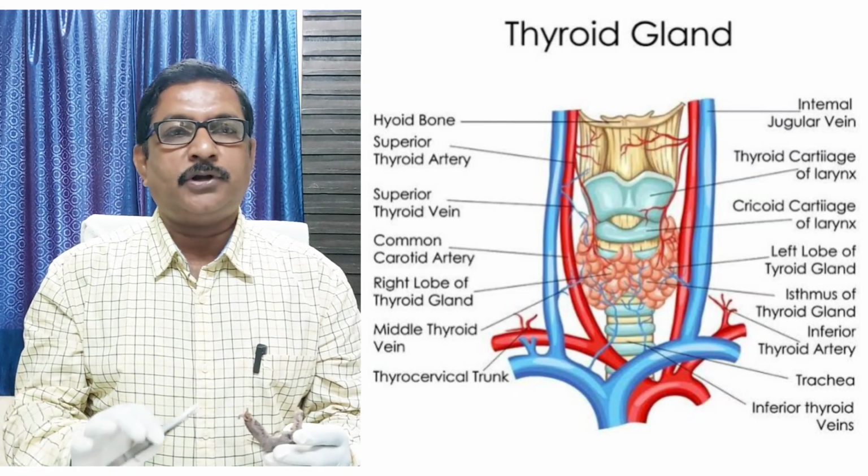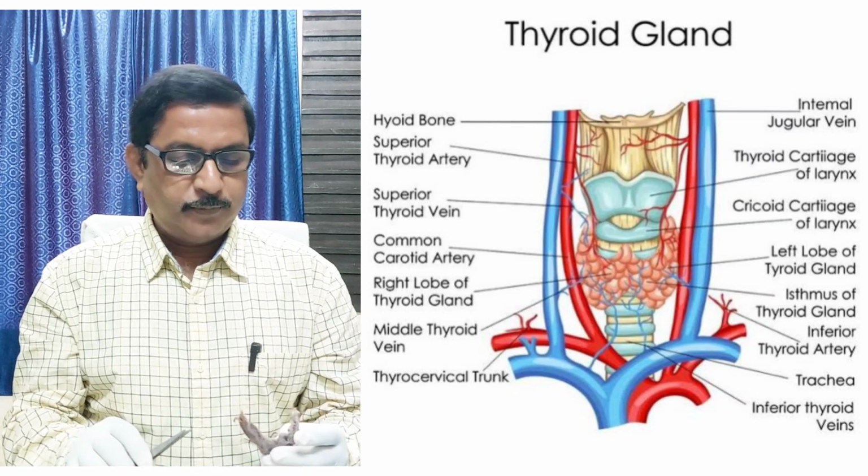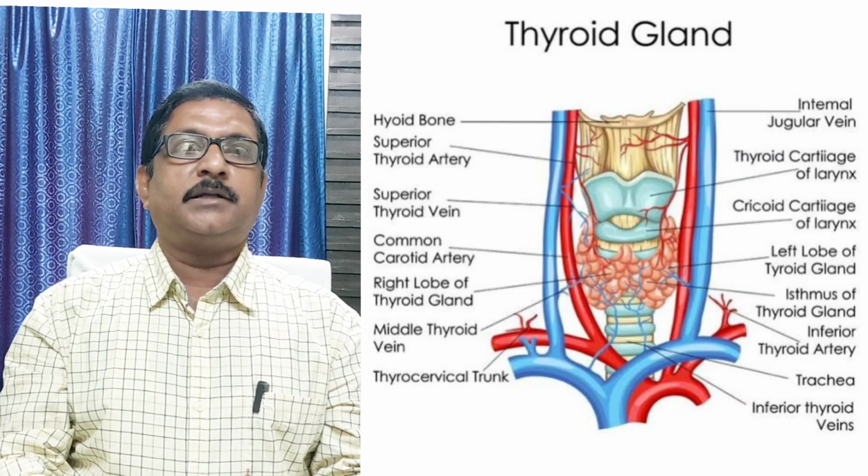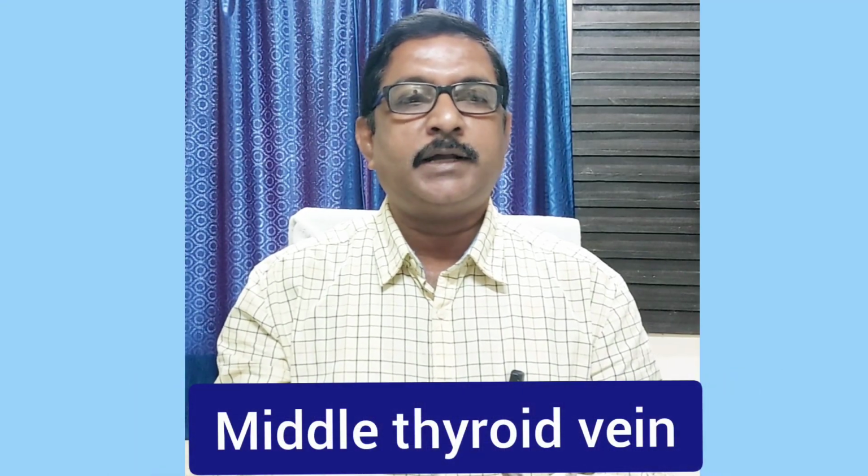So these are the arteries and veins of the thyroid gland. One thing to remember is that the middle thyroid vein, among the veins of the thyroid gland, is wider and runs horizontally. And you have to ligate all the veins and all the arteries during surgery of the thyroid gland.